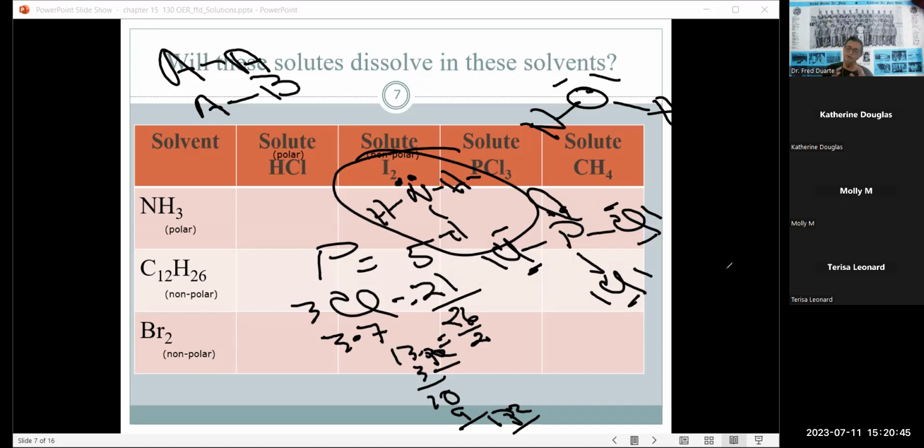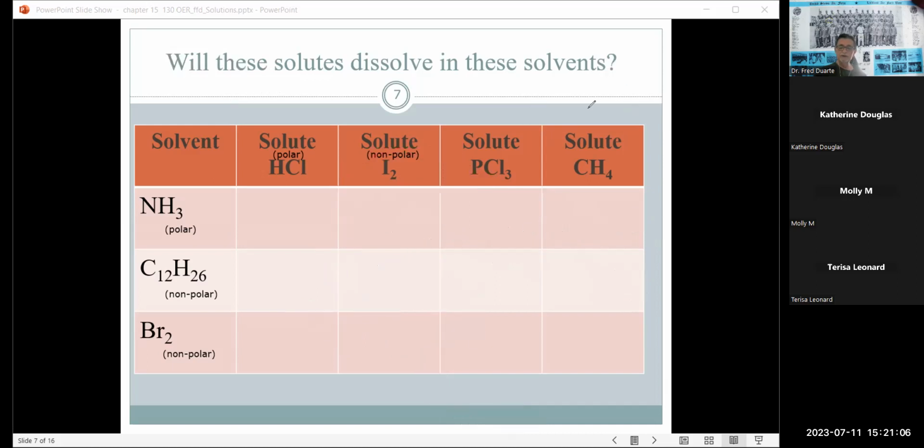Whenever you come up with the Lewis dot structure and you have a lone pair on the central atom, you don't have to go any further. You can automatically say, I have a polar molecule. So PCl3, like ammonia over here, NH3, is polar. In fact, what do phosphorus and nitrogen have in common with respect to the periodic table?